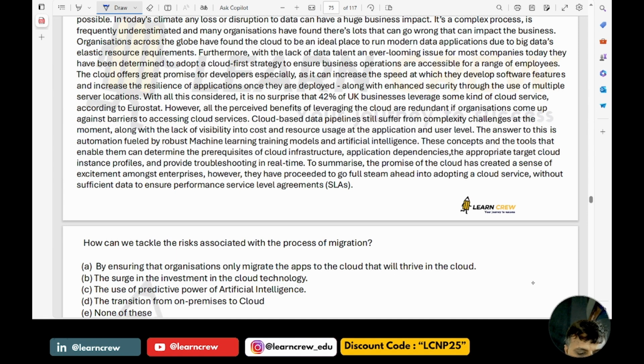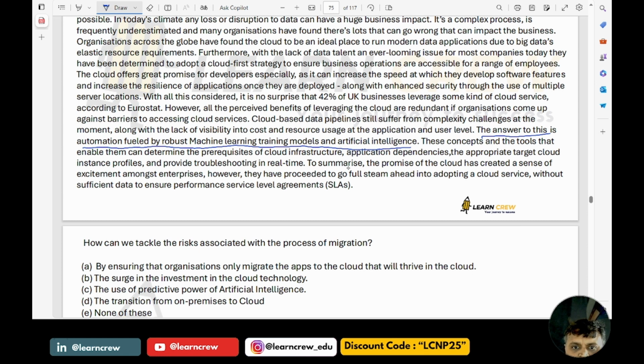It is given that the answer to this is automation fueled by robust machine learning. It is very clearly given. If you see here, the answer to this is automation fueled by robust machine learning training models and artificial intelligence.